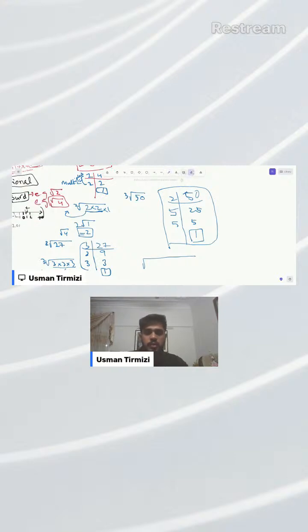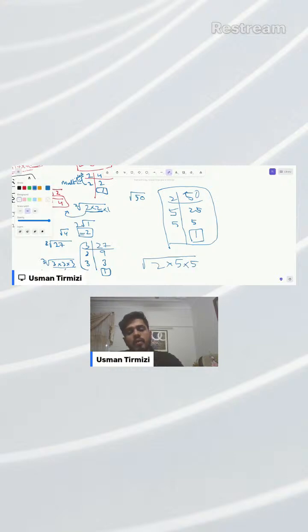All right, so this was the outcome when we took the LCM of 50. Maybe it's not a cube root, it's a square root. So what do we get? We get multiples in the form of 2 multiplied by 5 multiplied by 5.